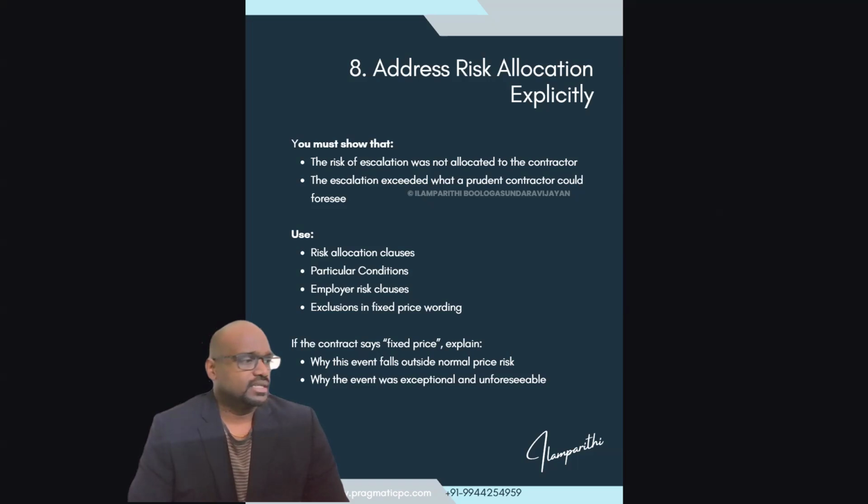If the contract says fixed price, there is no room for escalation, then you have to explain why this event falls outside the normal price risk and why the event was exceptional and unforeseen. This has to be demonstrated. It just can't be covered with the word that it's a fixed price and you are not able to claim it. The fixed price was based on the risk allocation and foreseeability at the time of contract award.